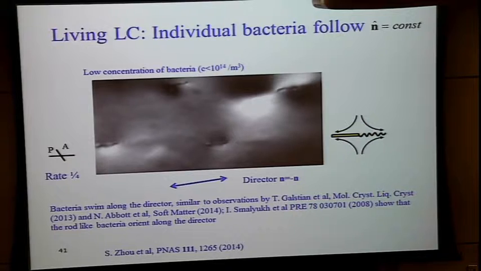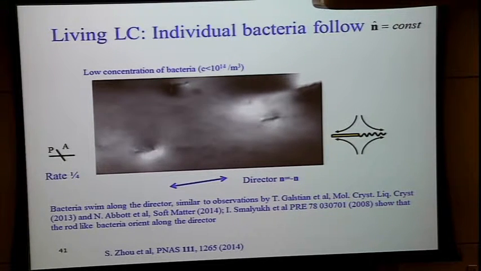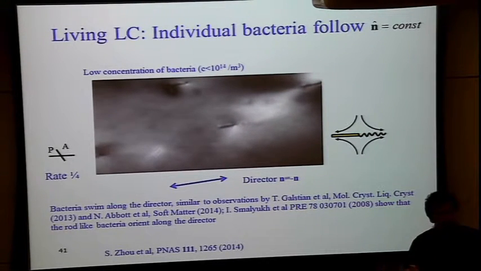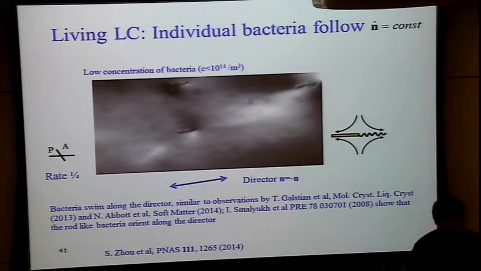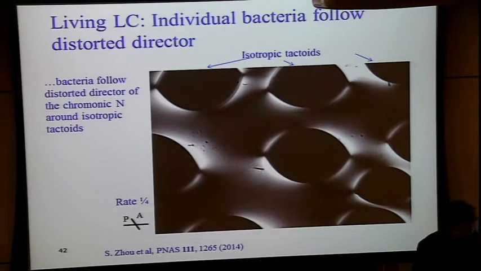So the first experiment is very simple. You just put some quantity of bacteria, not that much, in the lyotropic liquid crystal, and you observe that this thing moves parallel to the director. Very nice. Similar observations were done by other people, and it's natural because there is a viscosity difference and there is elastic interaction between the rod-like bacterium and the surrounding director, so it's expected.